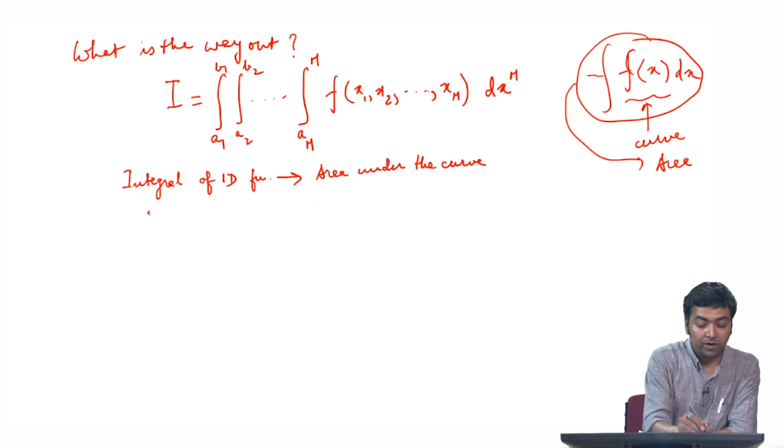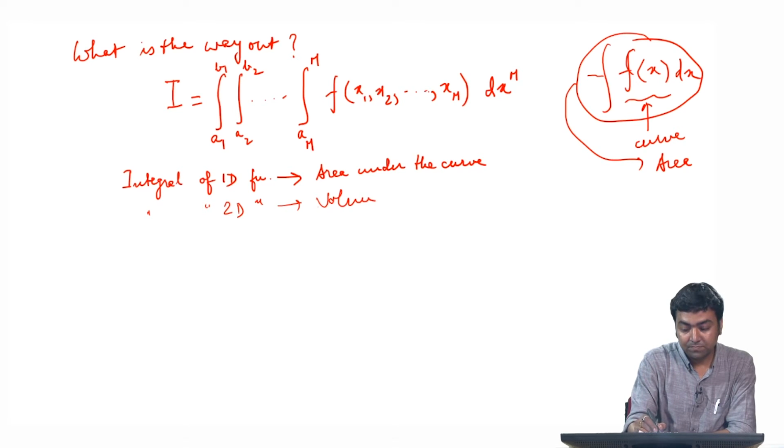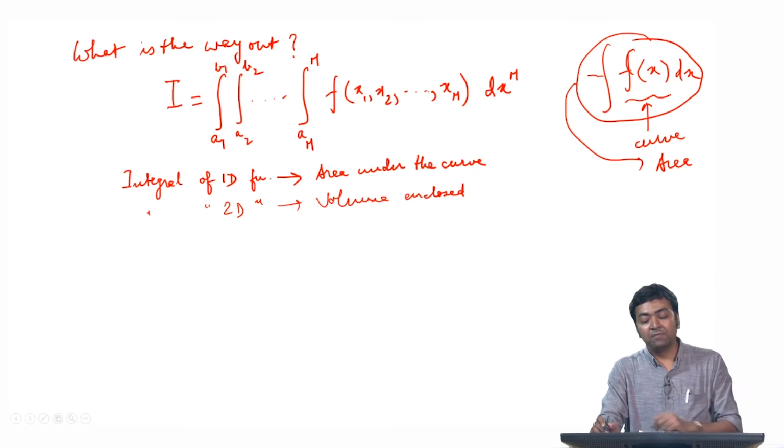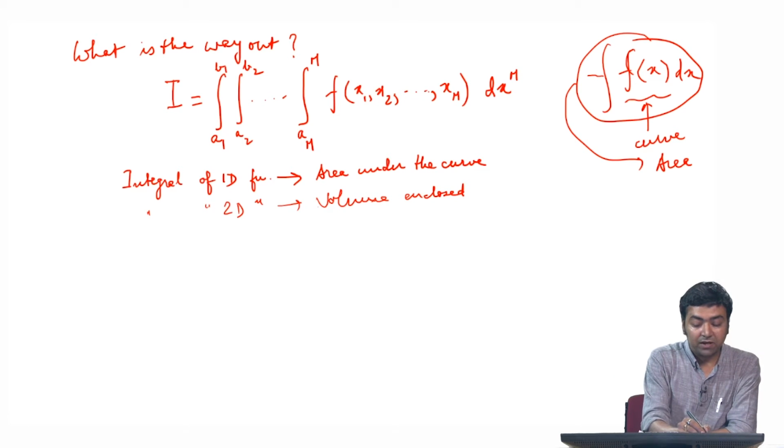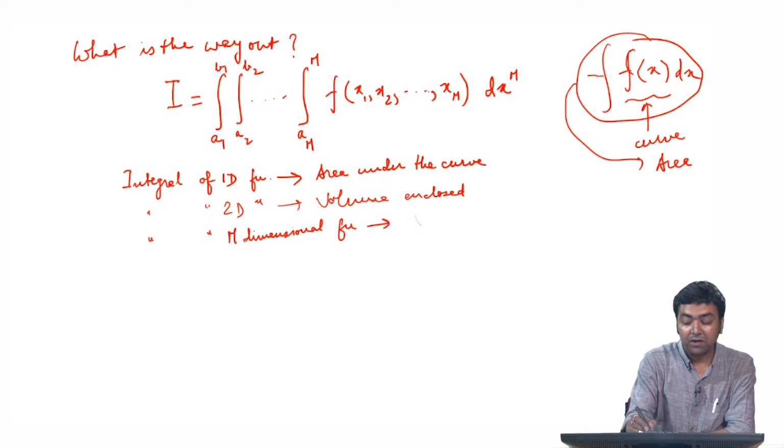The integral of a 2D function gives me the volume enclosed there. Now, suppose I have an m dimensional function. I can generalize this: the integral of an m dimensional function gives me an m plus 1 dimensional volume.